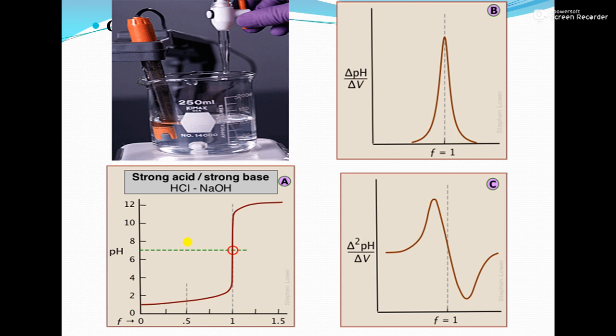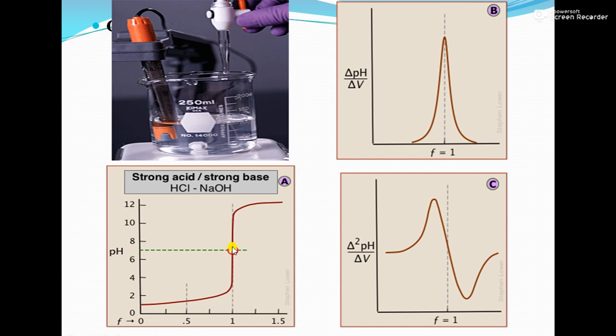When we add NaOH, the HCl reacts with NaOH, so the concentration of HCl vanishes from the solution as it is neutralized by the NaOH. So the pH is going to increase slowly.